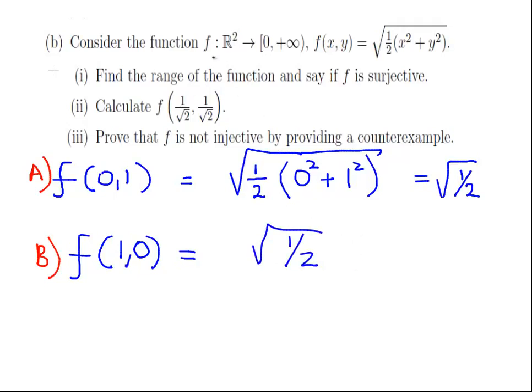You can see pretty clearly that both of these values are equal to each other, and that means it's not injective. We have two inputs that yield the same output of the function. So, not injective. Okay, that's that.